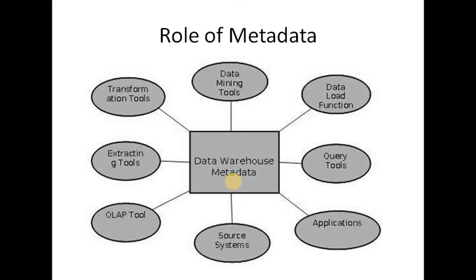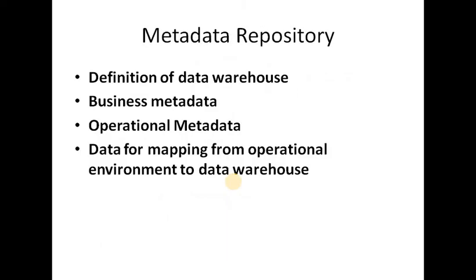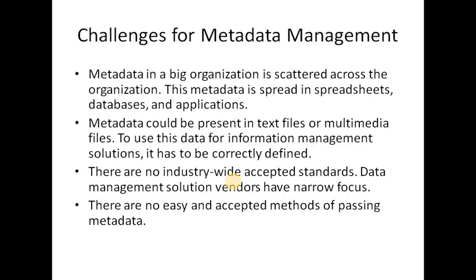So these are the actual roles that come under metadata with data warehousing. So what does the basic repository including metadata contain? It is the definition of the data warehouse, business metadata, operational metadata and mapping between the operational environment and the data warehouse environment.